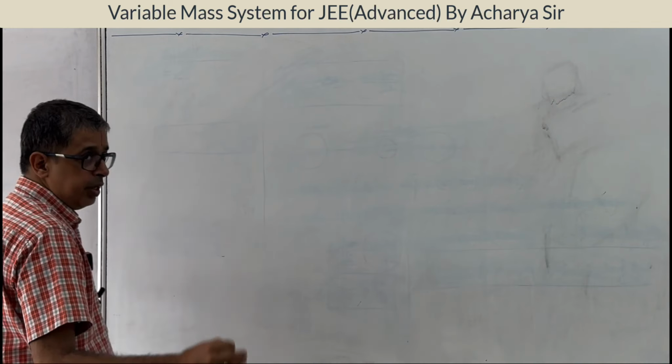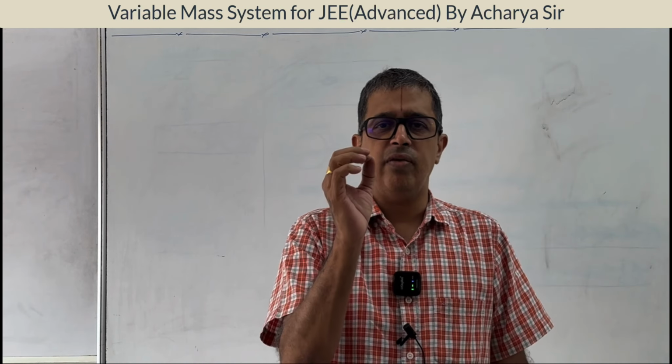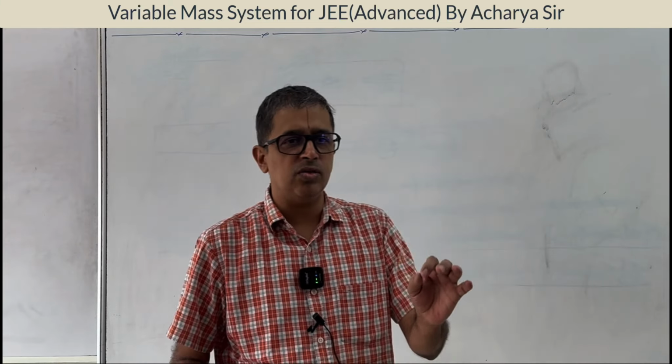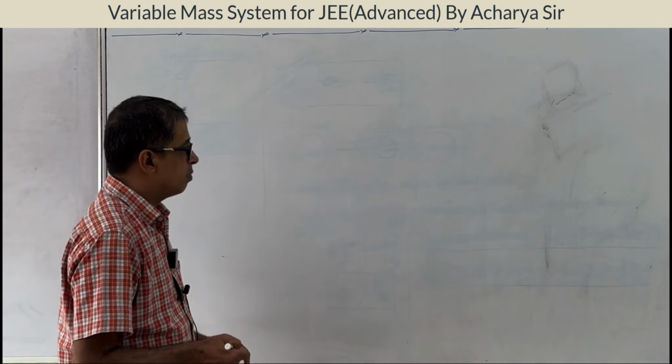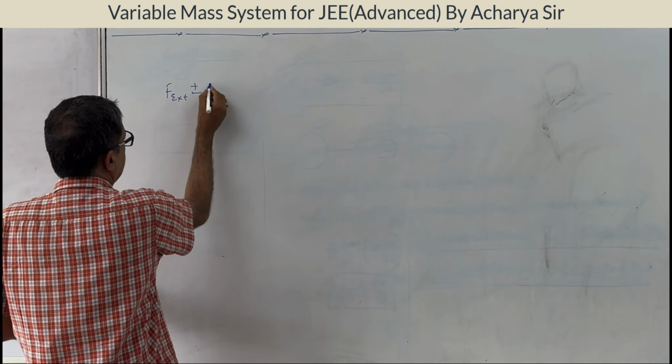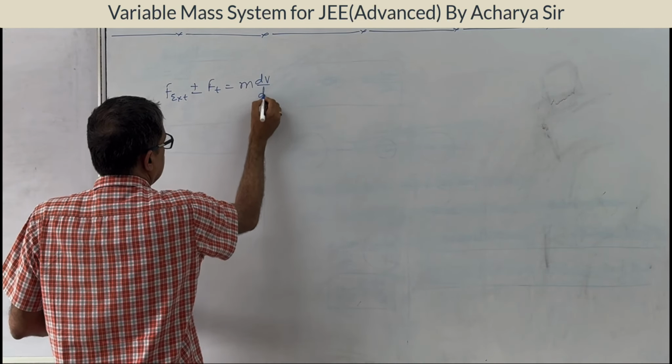Procedure to be followed is, along with all the existing forces, you will add one more force called the thrust force and equate it to mass into acceleration. So F external plus or minus the thrust force is mass into acceleration.